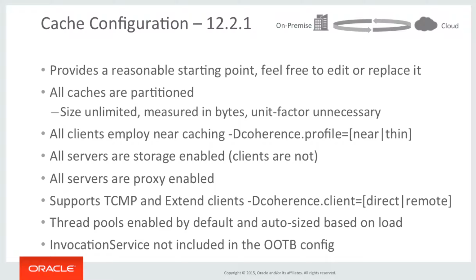Another rather significant change that comes from the new cache config is that cache servers, or servers, are storage enabled by default and clients are not. Historically, all cluster members in Coherence were storage enabled by default, and it was put on the customer to have their clients opt out of being storage enabled. That was a good choice in Coherence 1.0, where typically you didn't have cache servers, you only had storage enabled clients.